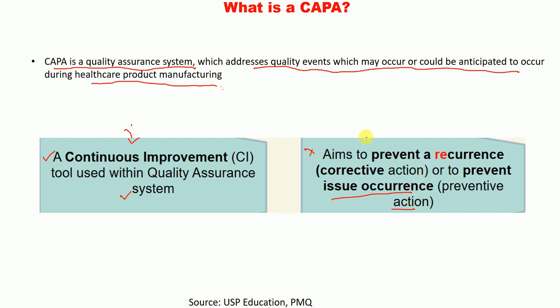So basically, CAPA is a quality assurance system which addresses quality events which may occur or could be anticipated to occur during healthcare product manufacturing.